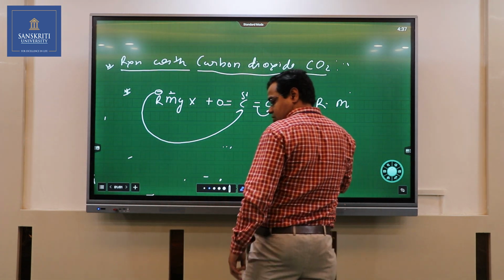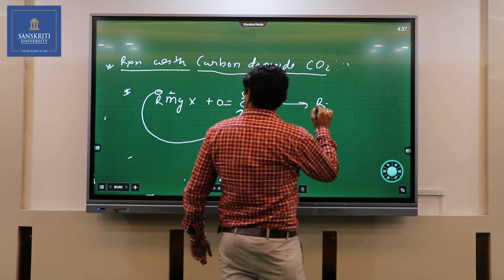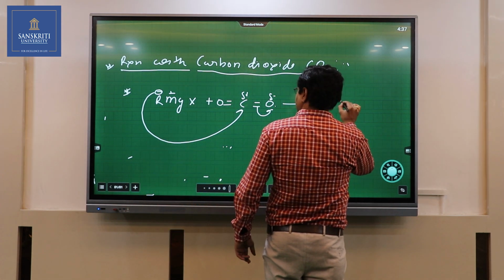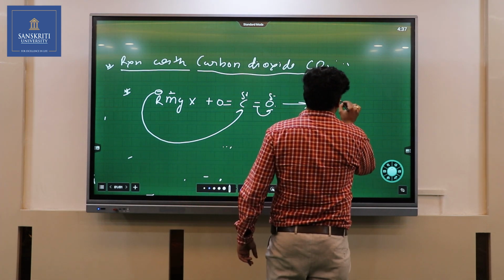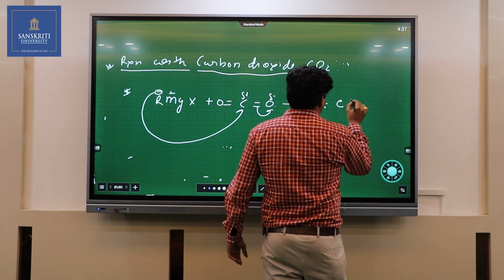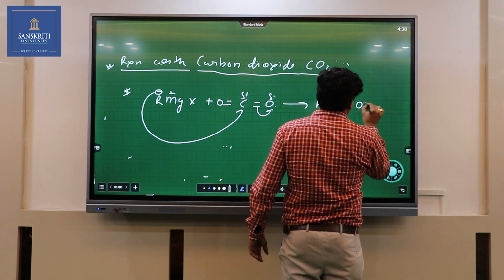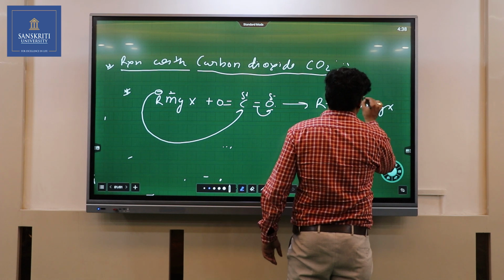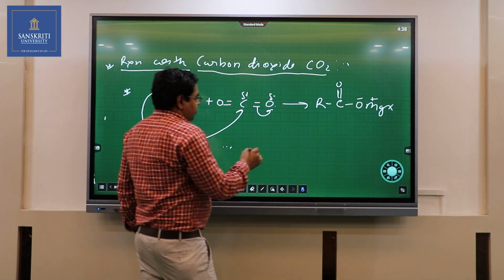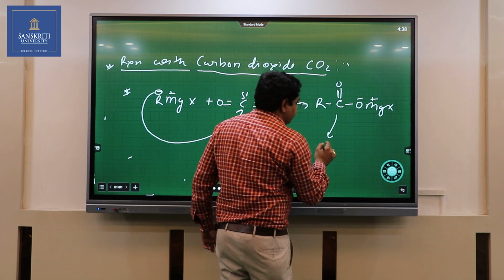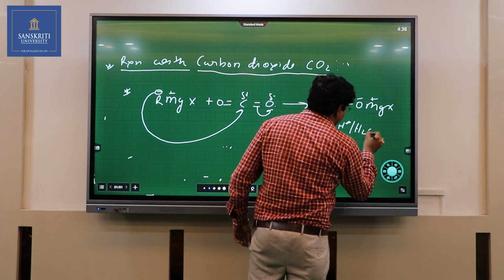So we get R-CO double bond OMgX with a minus sign. This is an unstable compound which reacts further with water.